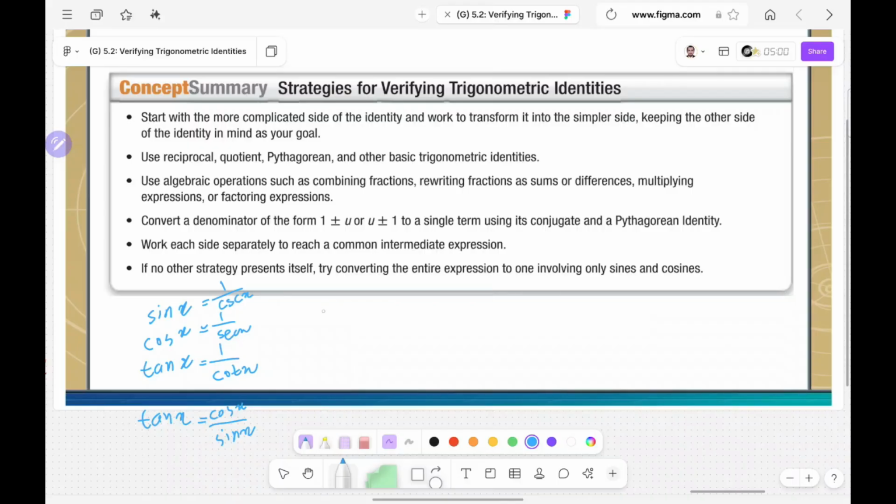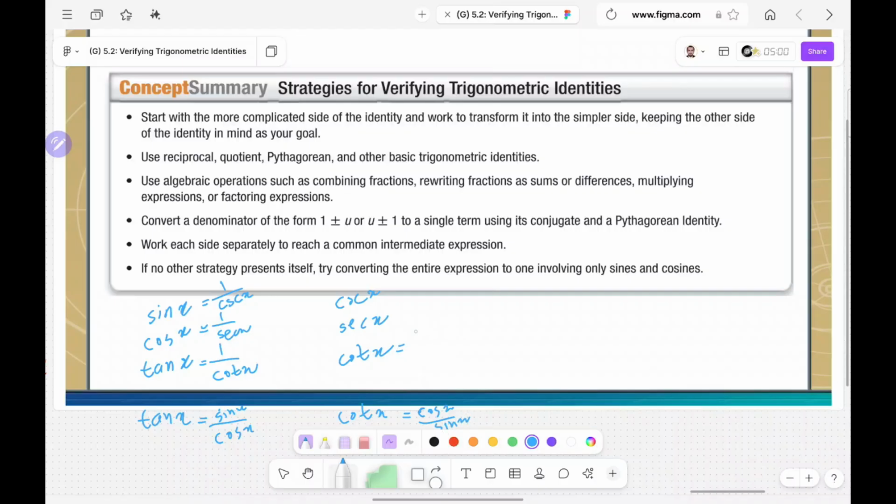And the opposite also is true. Cosecant x, secant x, also cotangent x. We also have another form of cotangent x. Sorry, I need to flip this. So this one should be sine x over cosine x, so the reciprocal will be cosine x over sine x.